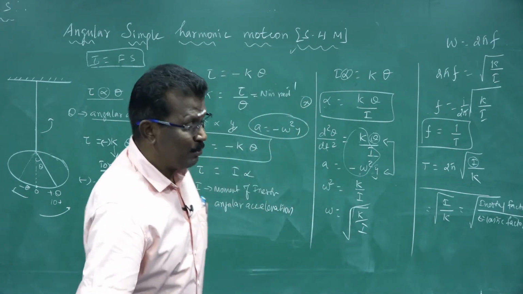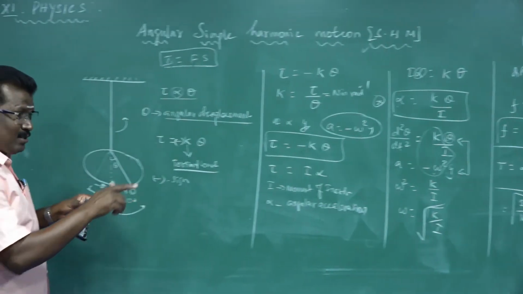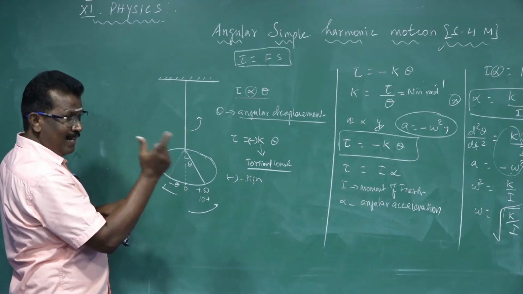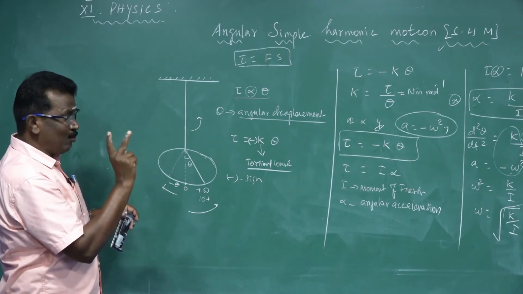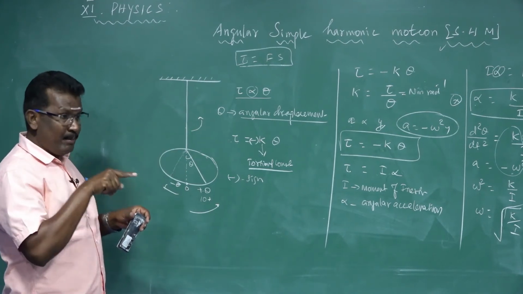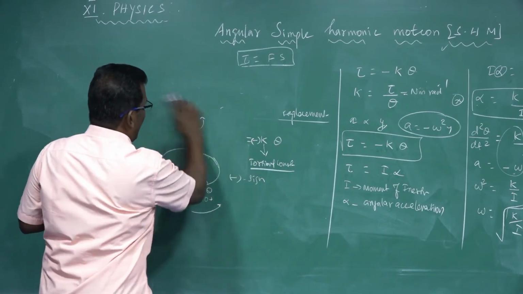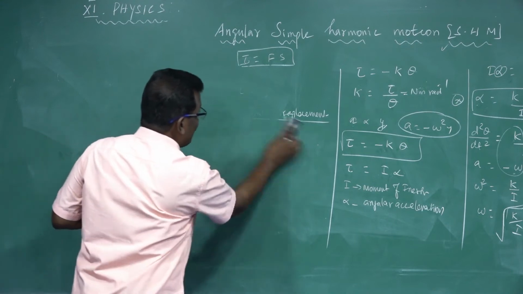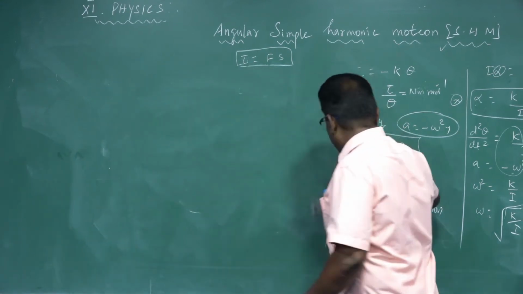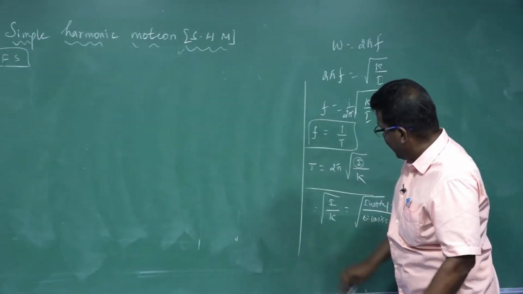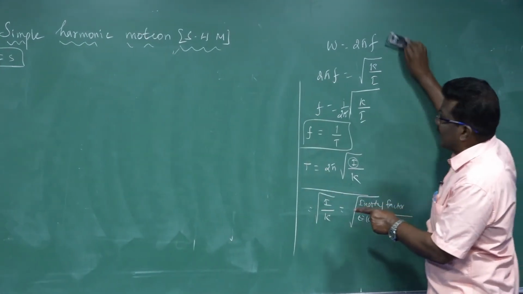Similarly, a body moving in a straight line is linear simple harmonic motion, while a body rotating through a certain angle is angular simple harmonic motion. Whether the body rotates or moves in a straight line, it obeys simple harmonic motion, and it must obey the inertial factor and the elastic factor.